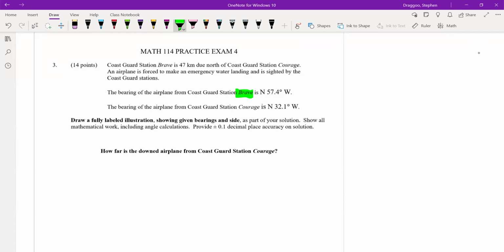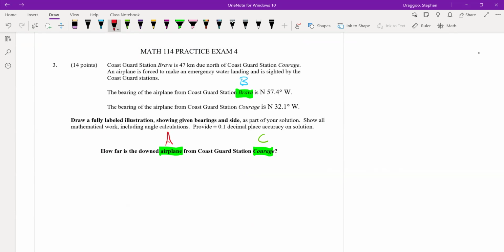Brave is 47 kilometers due north of Courage. If I highlight the last couple of things, Station Brave can be B, Station Courage can be C, and an airplane can be point A. Works out kind of nice.